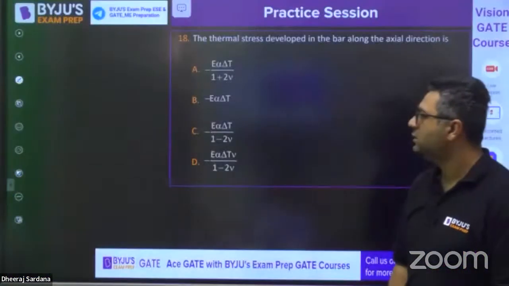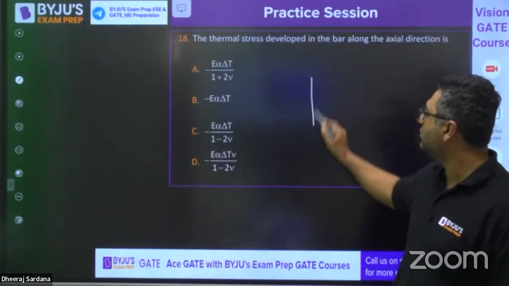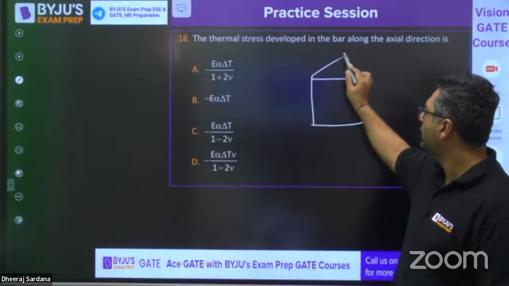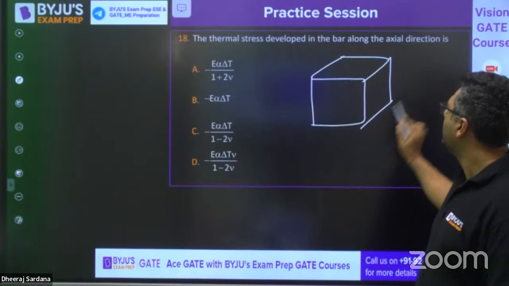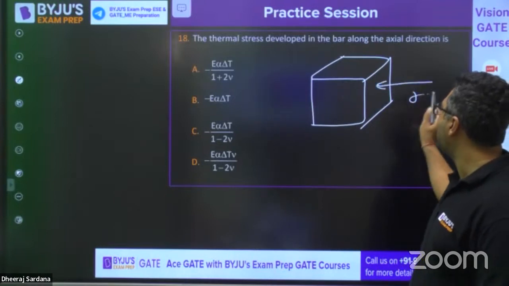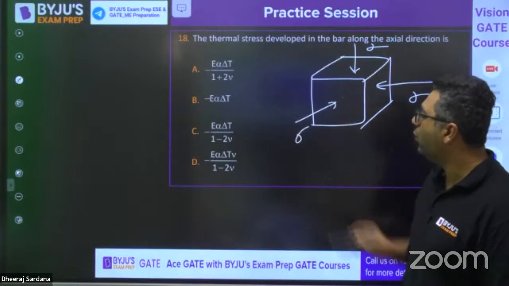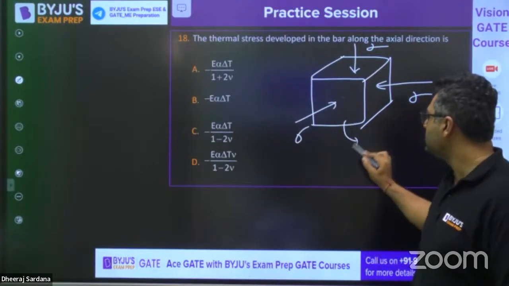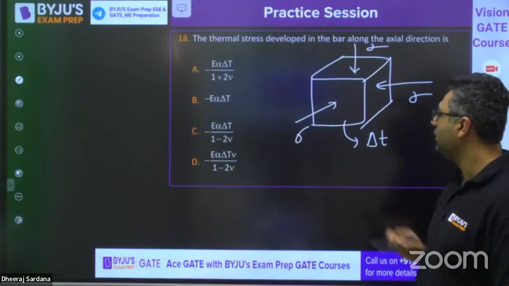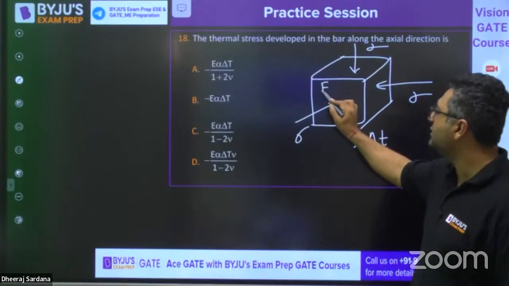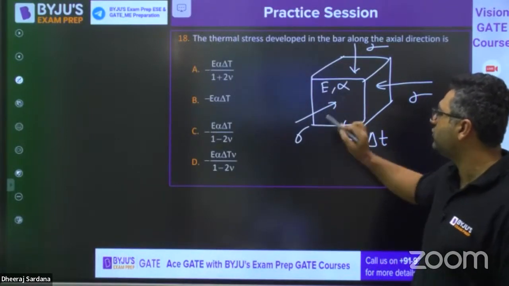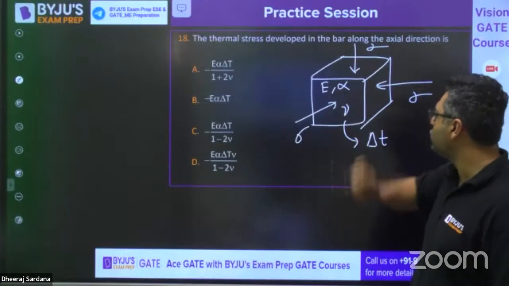Okay. So this is the question. I am showing it. This is sigma, sigma, sigma. Why this stress will come? Because temperature increased by delta T. And they have said E is the Young's modulus, alpha is the coefficient of thermal expansion, mu is the Poisson ratio.